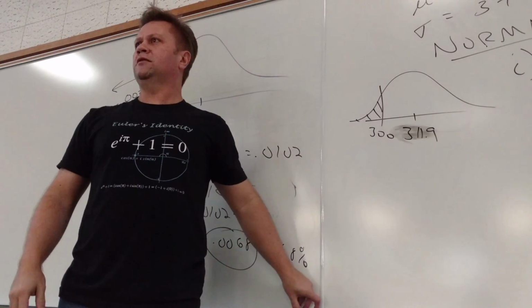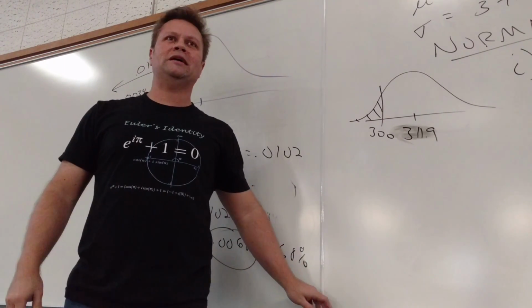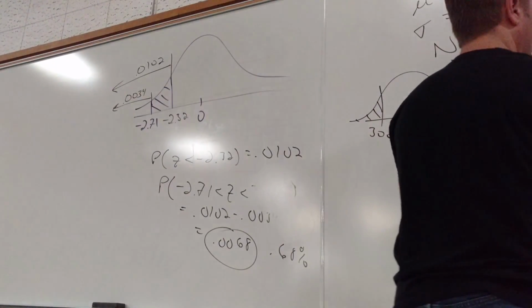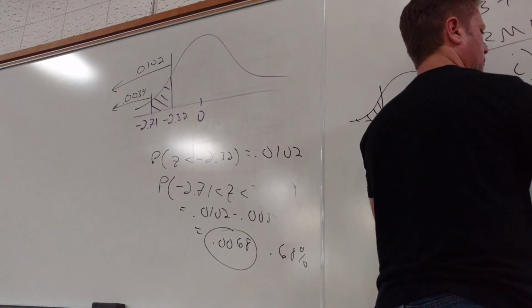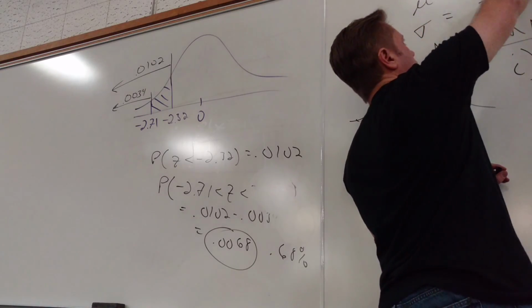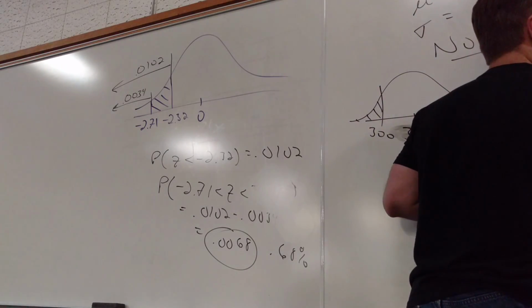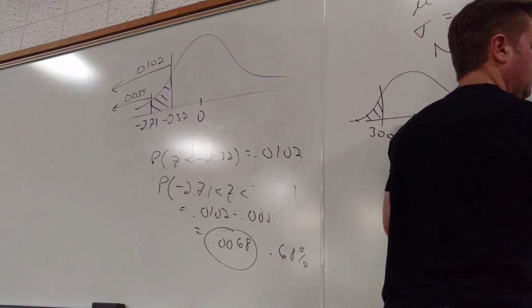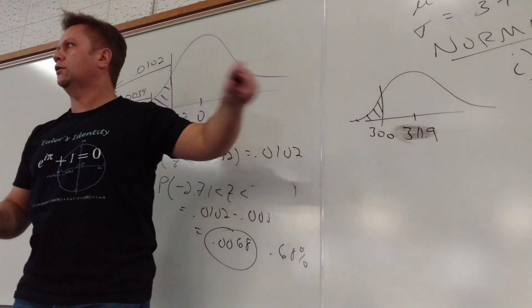Remember that formula? It's finally coming back. So then Z equals 300 minus 311.9 divided by 37.2. I'm converting it into a z-score.